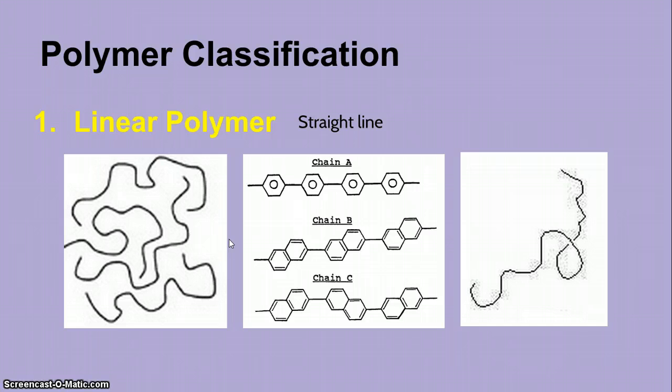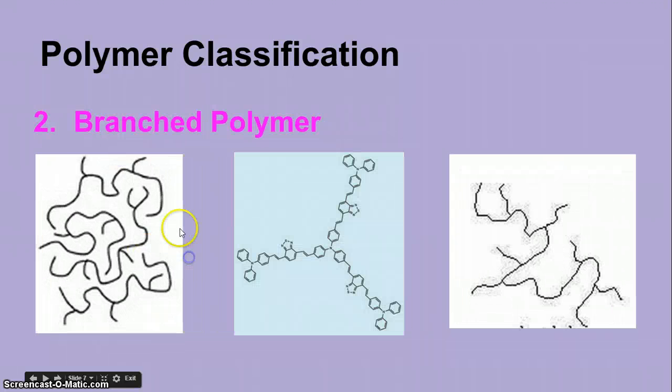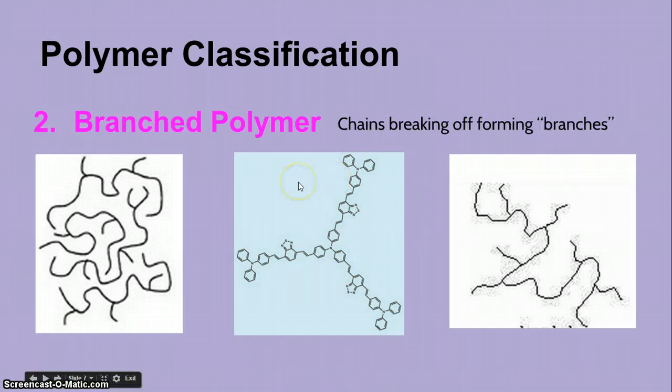These tend to be weaker because they don't have as many bonds. Next, just like hydrocarbon structure, we have a branched polymer. Remember that a branched polymer, just like a branched chain of a hydrocarbon, has chains breaking off and forming branches on a tree.